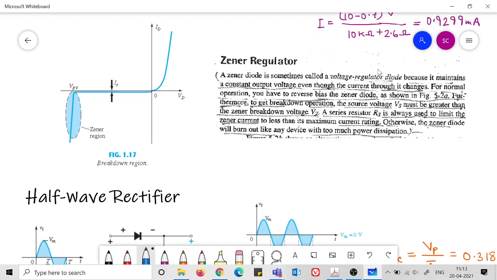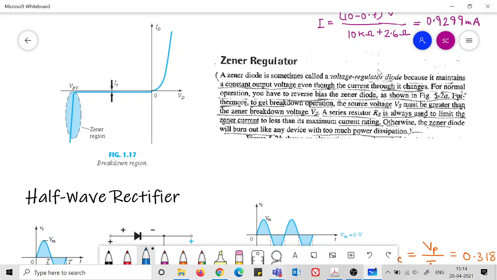Another important thing to note is this: there is a difference between normal diodes and Zener diodes. Zener diodes are specially manufactured diodes, so that they can withstand the breakdown, and actually do not break down in the Zener region. They withstand the Zener phenomenon and operate in the Zener region.